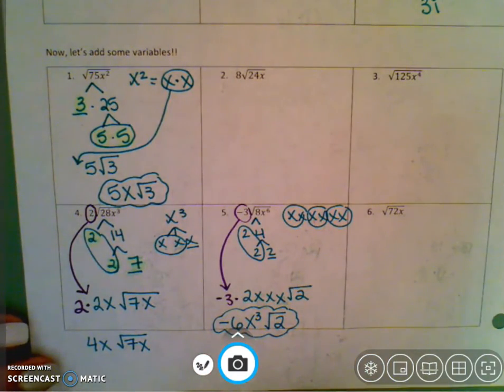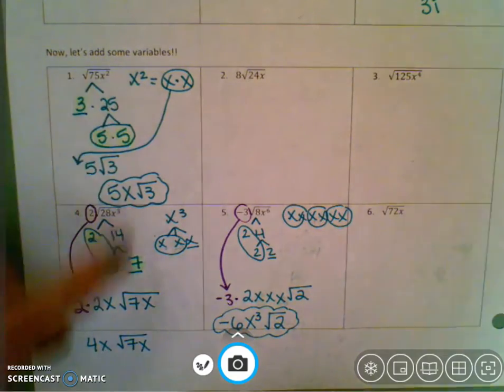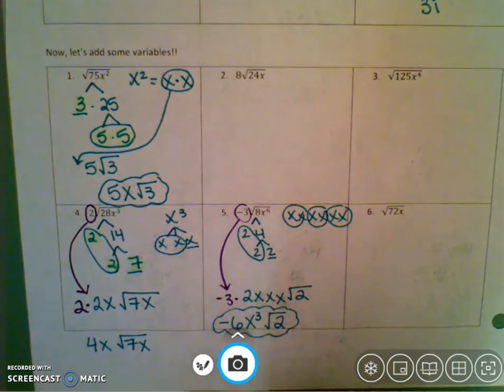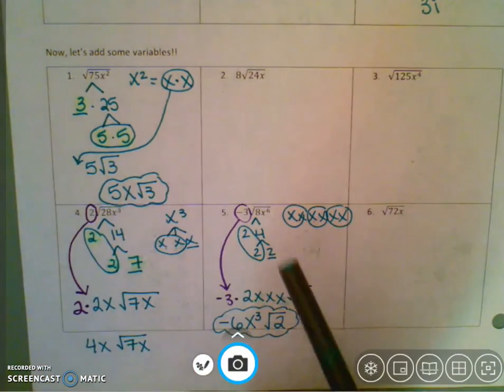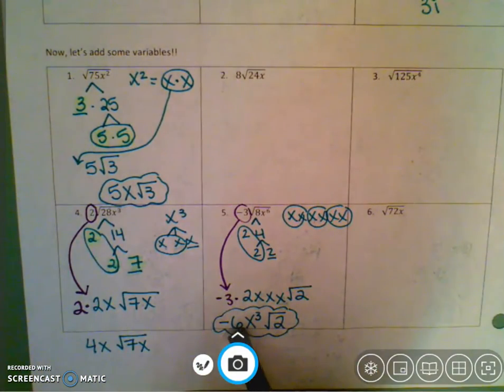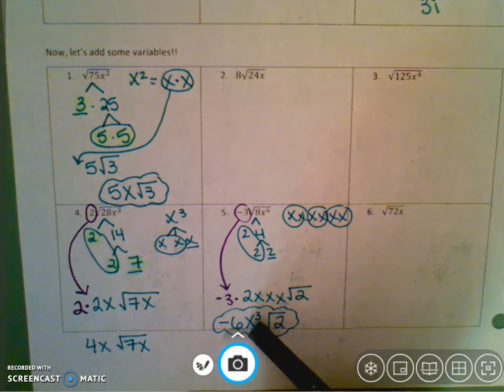So what do you notice when you have an x squared or an x to the 6th when the power is even? How do you go from the x squared to the x, or from the x to the 6th to the x cubed? You should notice that when it's an even exponent, if you divide by 2, you get the outside exponent.